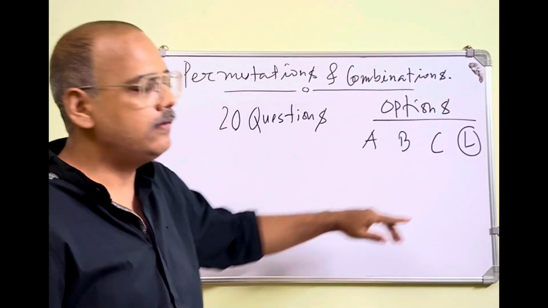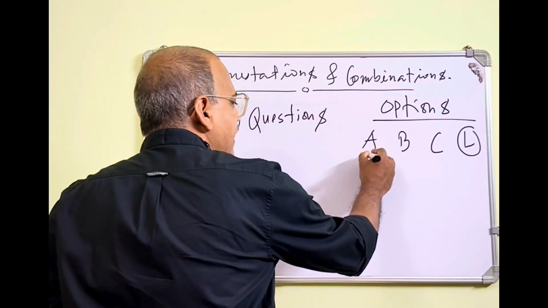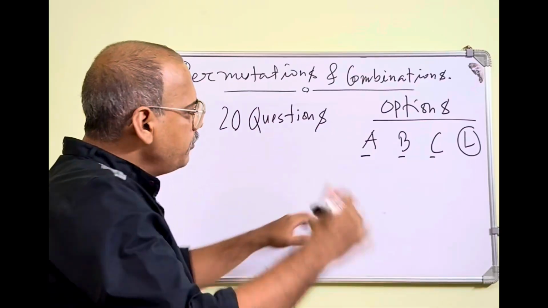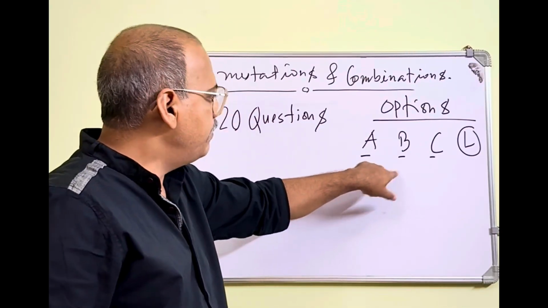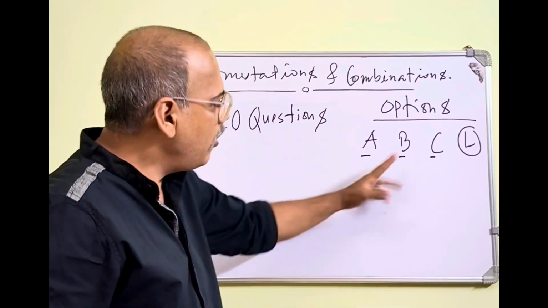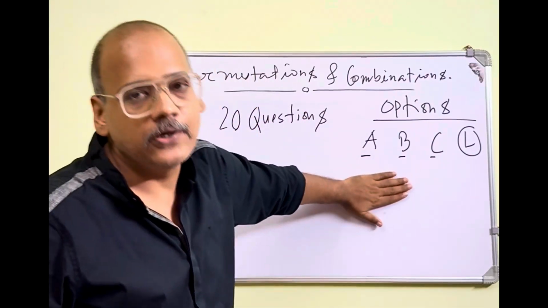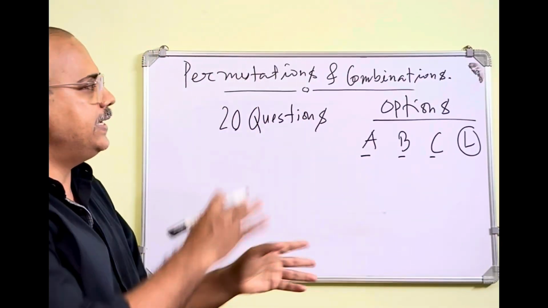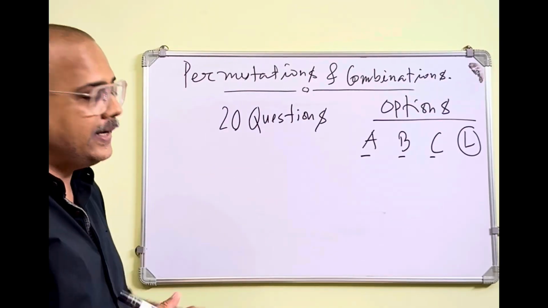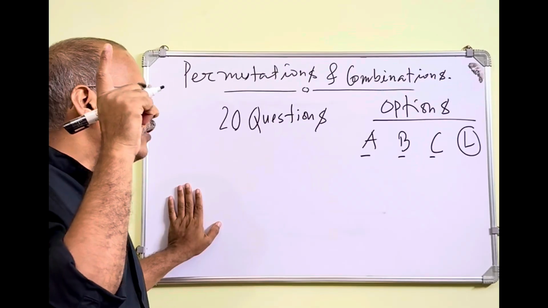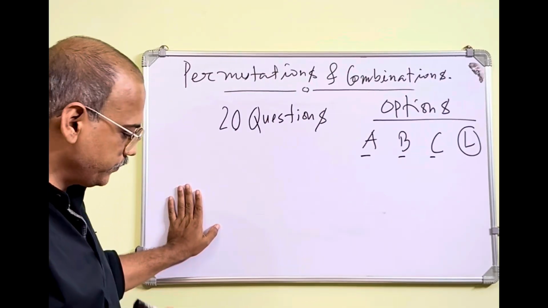What does that mean? You can choose A, B or C, or you can choose any combination: A, B, or B, C, or A, C, or A, B, C, all three. Additionally, you can leave the question. So as many combinations as you can choose. In that case, how many different answer sets can be formed?